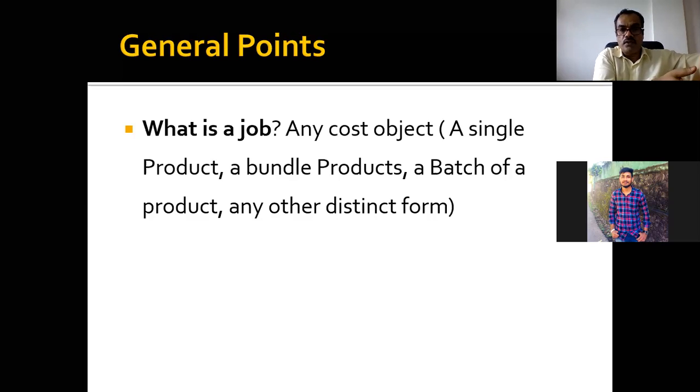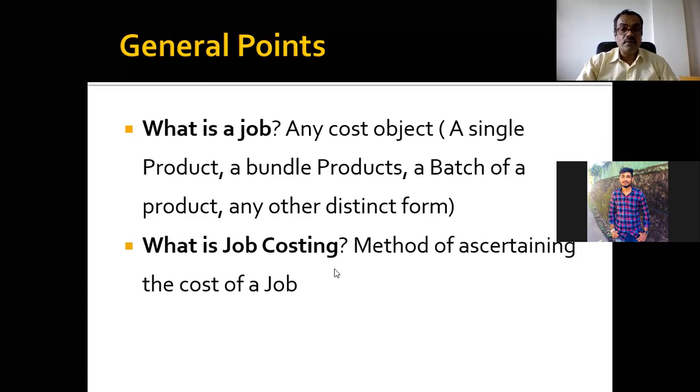Maybe 1,000 batches of 1,150, 10, likewise. So that's called batch processing system. And any other distinct form. There is no hard and fast rule that these are the only ways. Simply remember that job, no matter how it exists, in what form it exists, it could be anything separately identifiable.